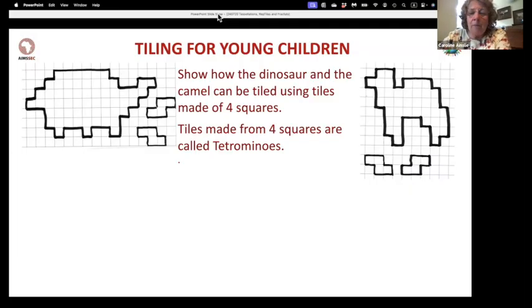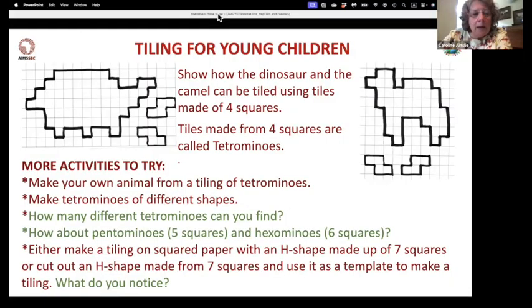And they can see if they can make, these are called triominoes, those shapes of 1, 2, 3, 4. Sorry, tetrominoes, I beg your pardon, they are tetrominoes. They've got 4 squares, and see what shapes your learners can make out of those 4 squares, out of the tetromino, that zigzag shape.